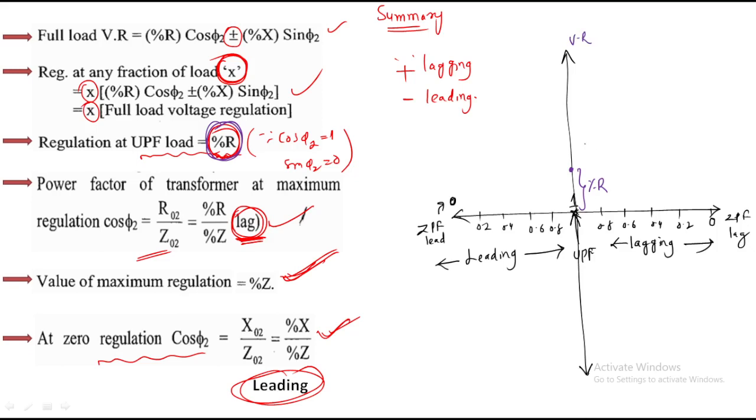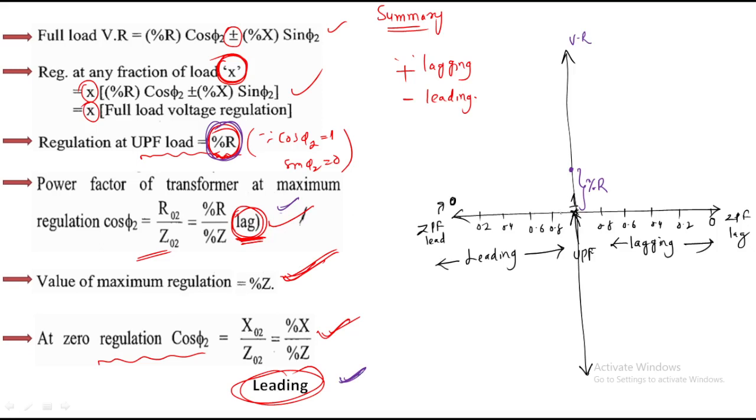Some finite value of voltage regulation at UPF, that is percentage R. At maximum voltage regulation, what is the power factor? That is R by Z. At leading, the zero regulation is what? X by Z. Zero regulation is possible only at leading.